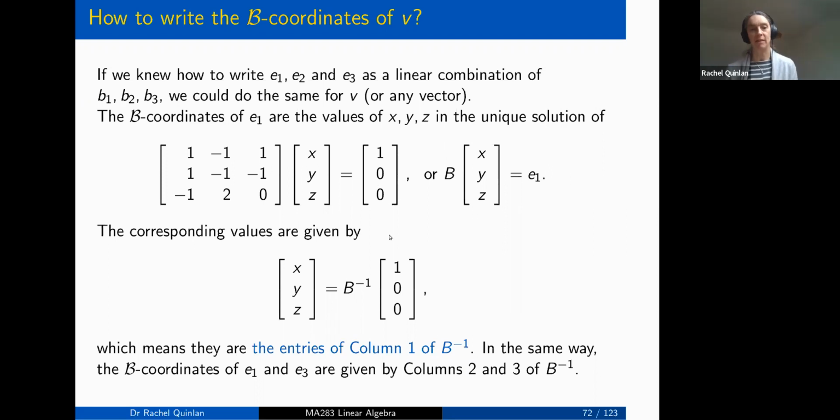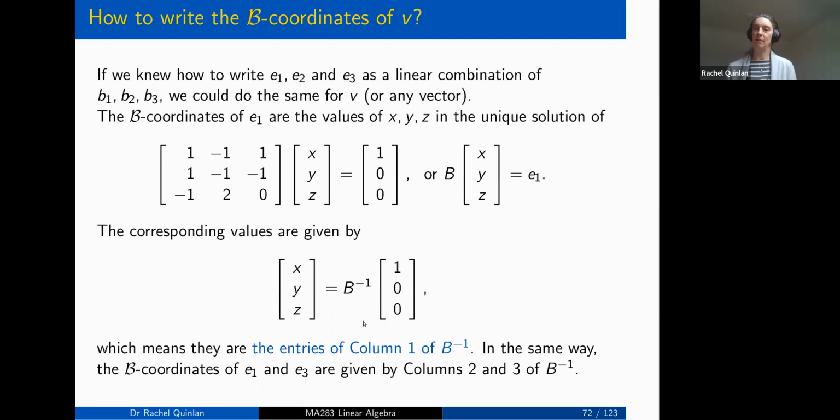Okay, so we're saying that the B coordinates of the standard basis vector E1 are written into the first column of the inverse of the matrix B, which has the elements of the basis B as its columns.